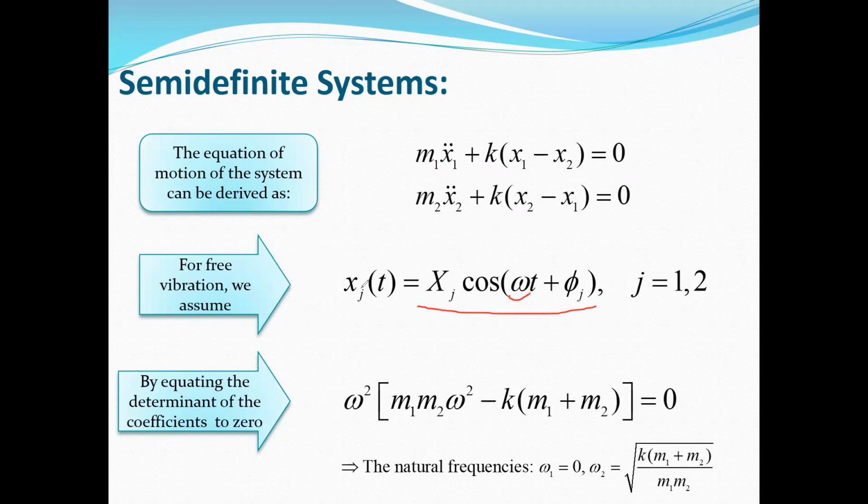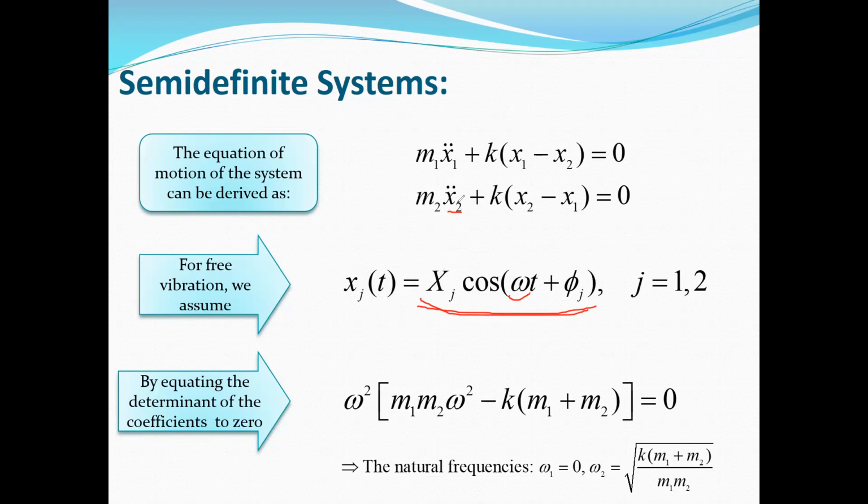I mean, instead of x1(t), we can substitute x1 cosine(omega t plus phi1), and instead of x2 we can substitute x2 cosine(omega t plus phi2). We only need to calculate the second derivative of x1 and x2, and you know the second derivative of this term is minus omega squared x cosine(omega t plus phi).